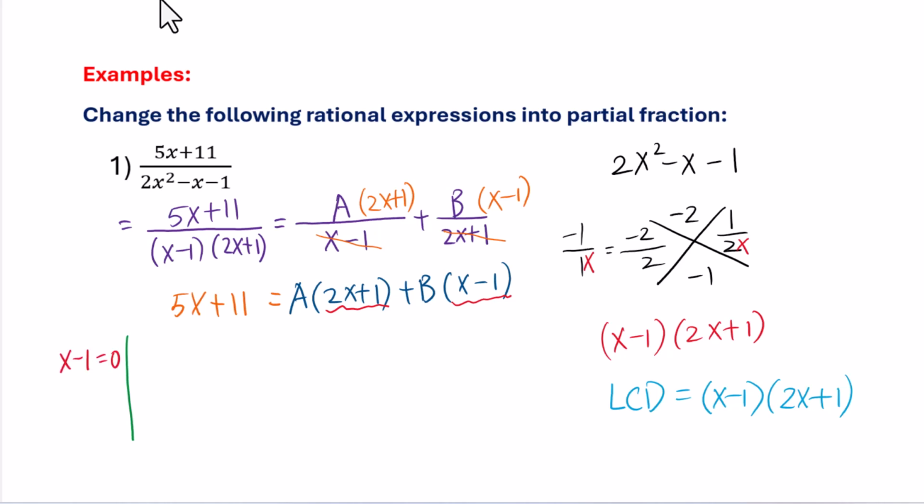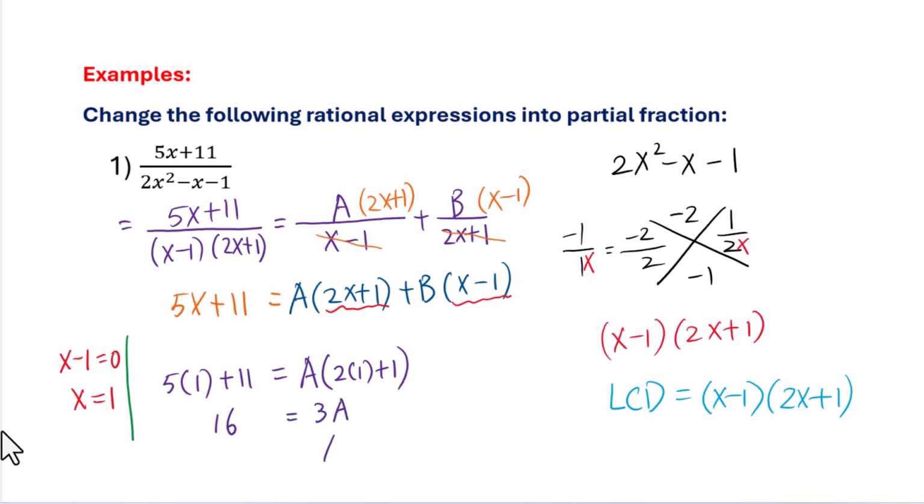Let's make x minus 1 equal to 0, x equals 1. Then do the substitution. 5 times 1 plus 11 equals a times 2 times 1 plus 1. This will be 0. Work this out. 16 equals 3a. So a equals 16 over 3.